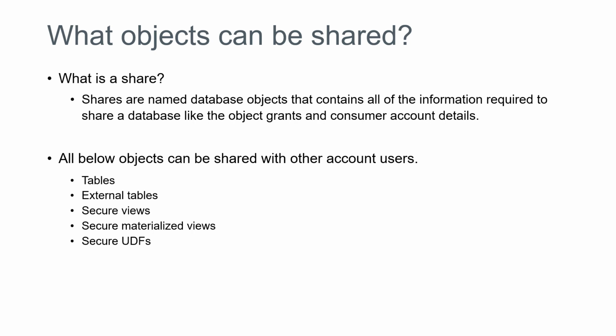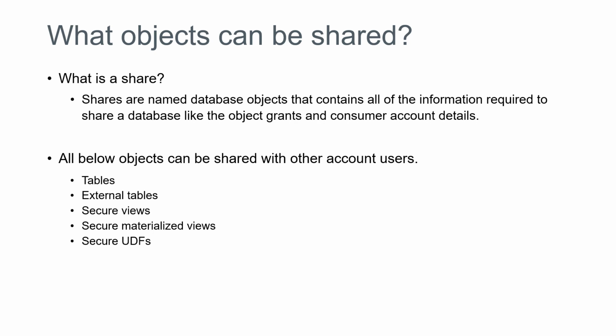And what objects can be shared in Snowflake? These are the objects that we can share with other Snowflake users as well as non-Snowflake users: tables, external tables, secure views, secure materialized views, and secure UDFs, user defined functions.